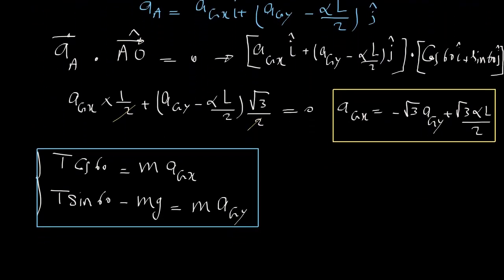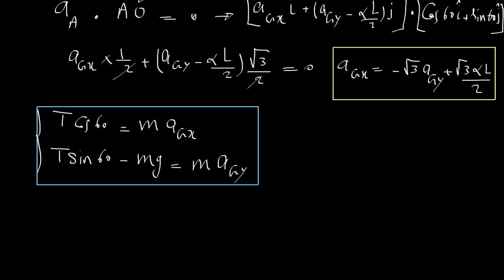So let's substitute that. We get from these equations T cosine 60, which is T over 2, is equal to 3 times Agx, or I can multiply both sides by 2 and I get T is equal to 6 Agx.